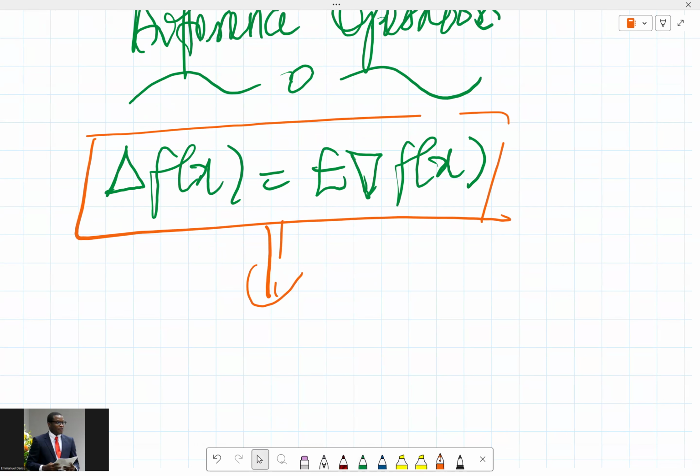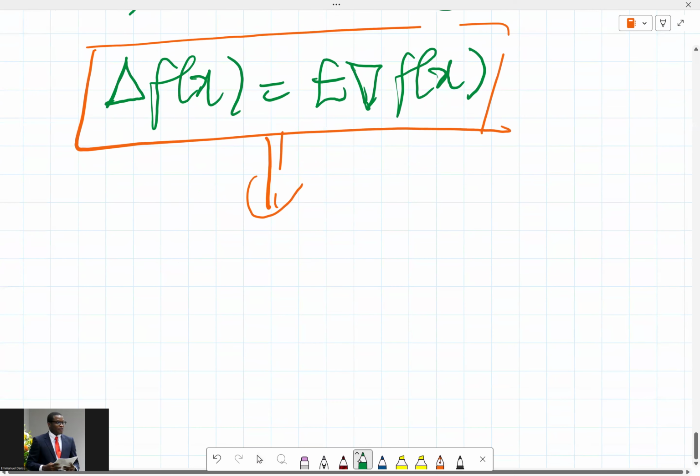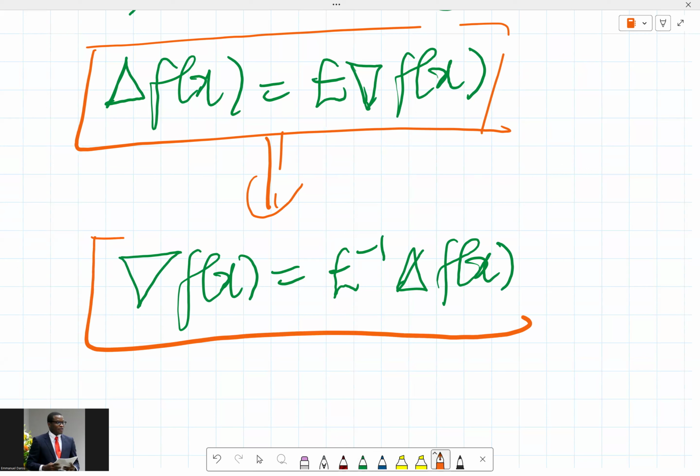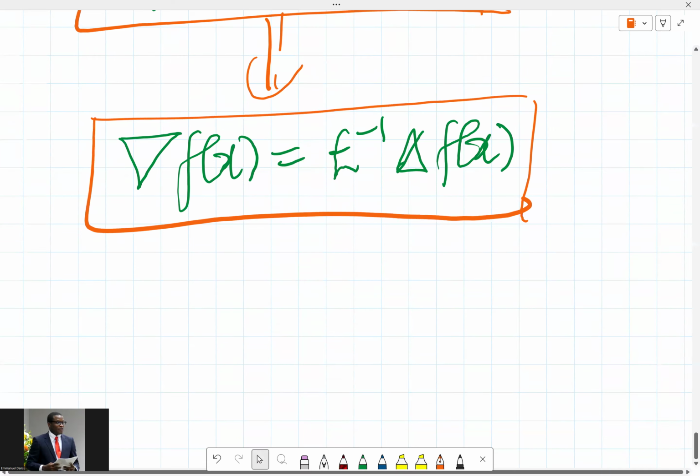We need to get the triangles right to avoid confusion. The backward difference of f of x is the same thing as the inverse of the shift operator multiplied by the forward difference of f of x. So we have all of that.